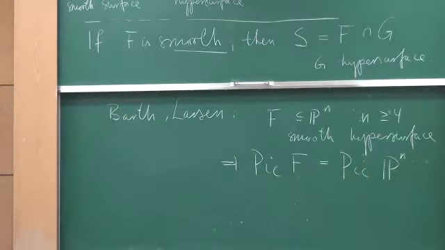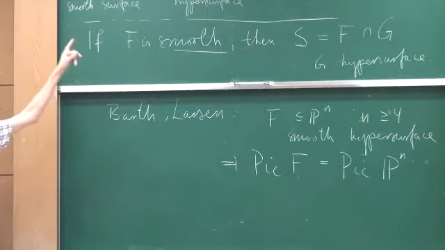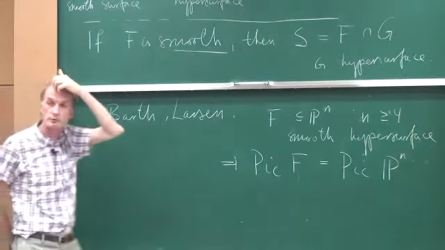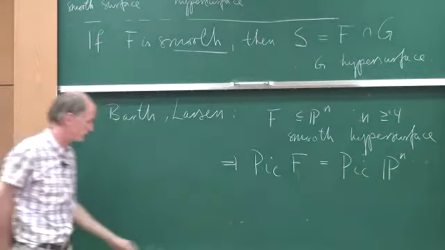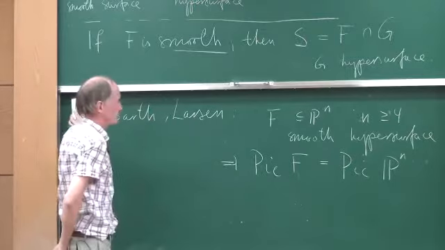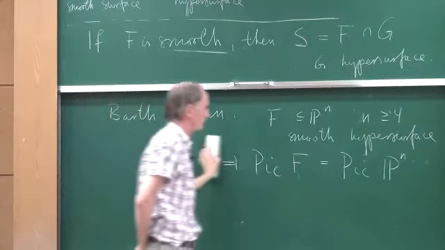You don't see this intuitively. You would think if you have a smooth surface and you take a general hypersurface containing it, this hypersurface should also be smooth, but that's not the case. So that's this Barth-Larsen thing.